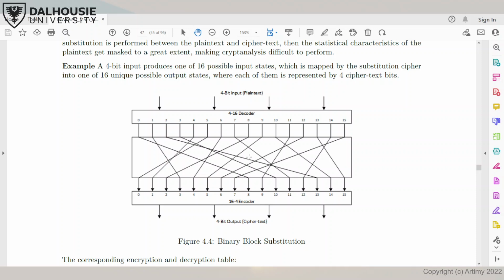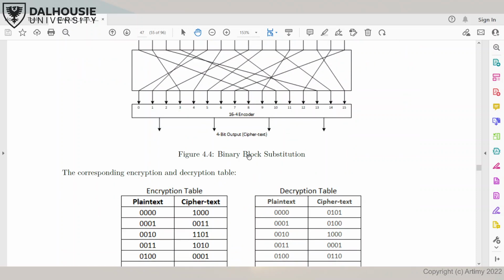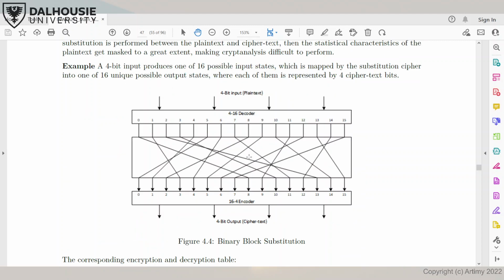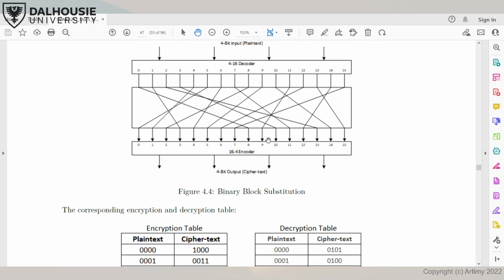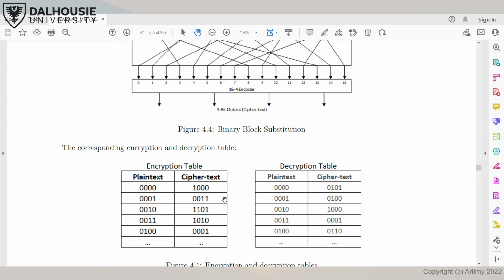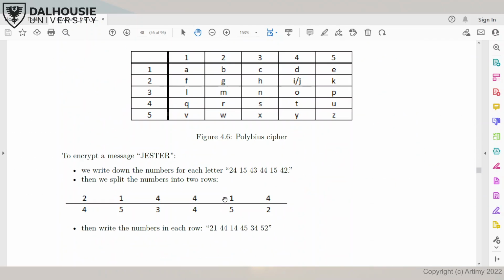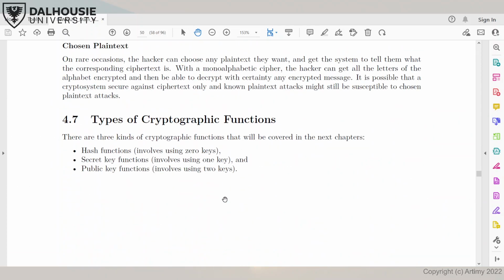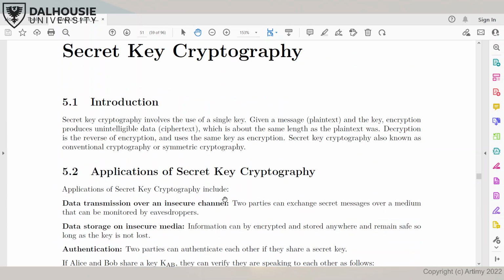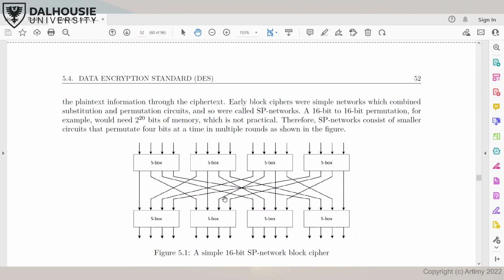Now imagine these are binary block substitution. But when we talked about this last time, I said that saving a large number of bits here, 32 or 64-bit blocks, or a bitmap, will be really impractical because we need a huge memory. So the solution is to take any number of bits and break it into a smaller number of bits.